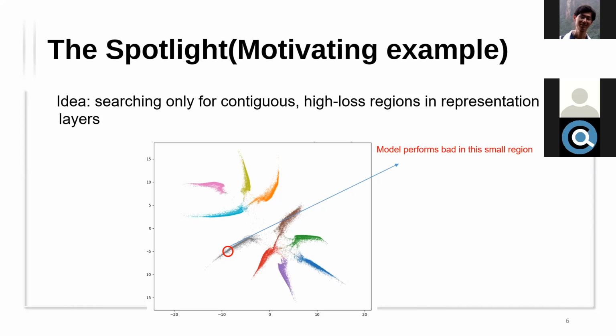If you are interested, welcome to talk to me. Here is basically just showing how the training data are distributed in the high dimensional space in the final representation layers, and they aim to find a small region where the samples inside this region would have higher loss compared to other regions in the rest of the data set.